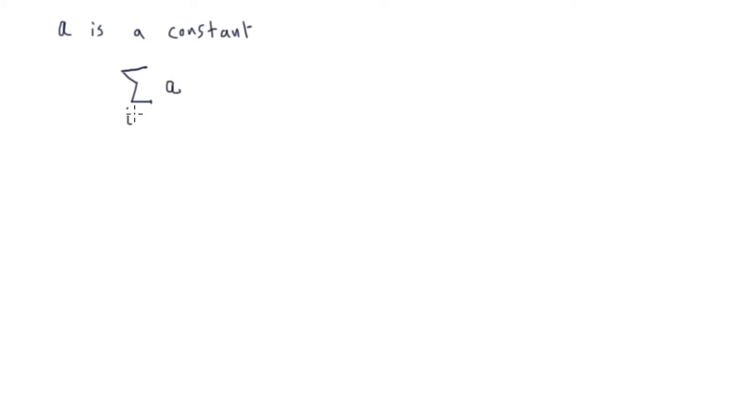So I can do i equals 1 to n of a. Now notice that because my summand here is a constant, it acts just like a constant function. This is really nothing more than a plus a plus a plus all the way to a. And how many a's do I have?